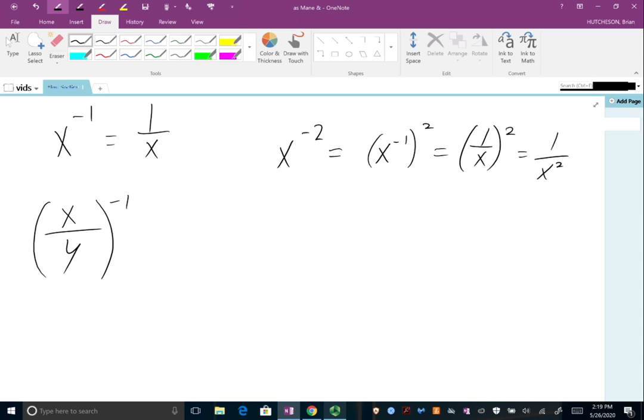That negative 1 is now going to influence everything. Well, if the negative 1 goes to everything, what happens to the stuff in the numerator? It goes to the denominator. The stuff in the denominator goes to the numerator. I call this guy the flip, because that's its job.